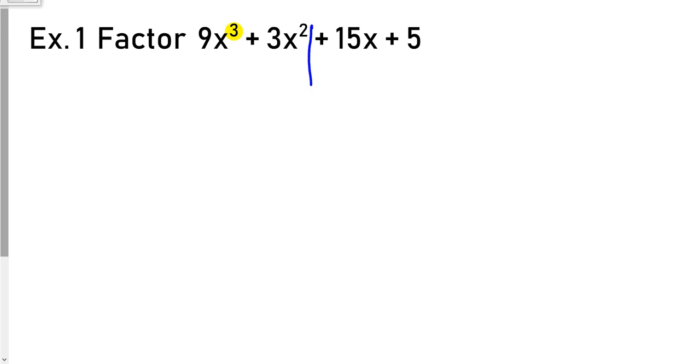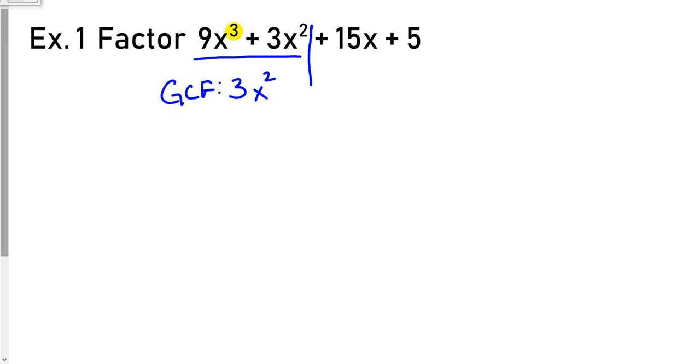On the left-hand side, I have 9x cubed plus 3x squared. What is the greatest common factor between 9x cubed and 3x squared? You should see that between 9 and 3 there's at least a 3, and between x cubed and x squared you have at least an x squared.